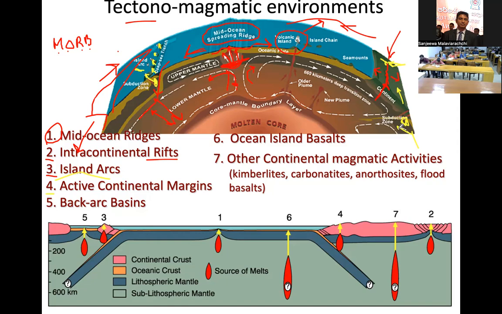But there are some places where you have oceanic plate subduction, like in a normal subduction zone, like this, right? There again new kind of magma can be generated, right?